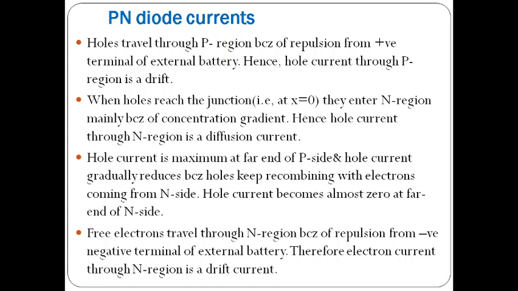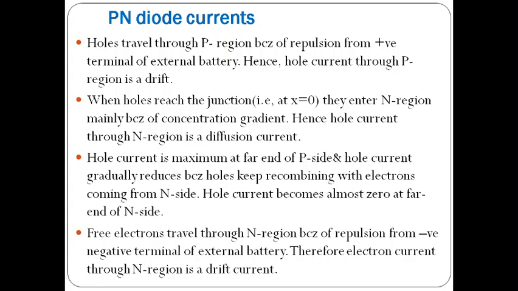When it is entering into the n region, the current due to the holes is almost zero. Why? Because when holes are entering through the junction, the majority charges in the n region recombine with the holes, so the concentration of holes decreases.